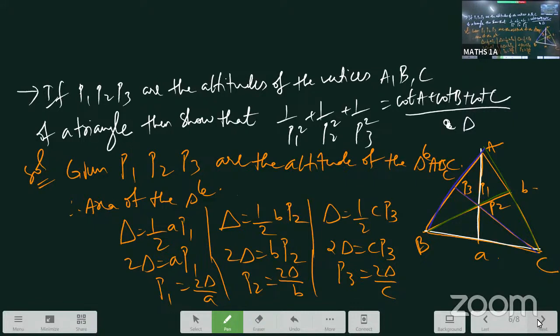So P1 is 2 delta by A, P2 is 2 delta by B, P3 is equal to 2 delta by C. So 1 by P1 square is 4 delta square by A square. So A square by 4 delta square plus B square by 4 delta square plus C square by 4 delta square. That is A square plus B square plus C square by 4 delta square.